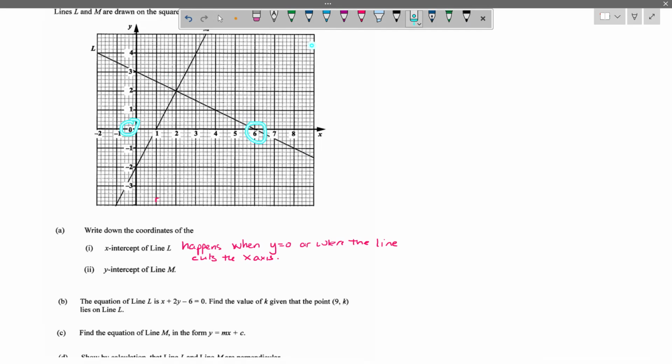So the coordinates of the x-intercept, we'd say here, part A1, the x-intercept. This is really a point, right? The coordinates are at the point 6, 0.